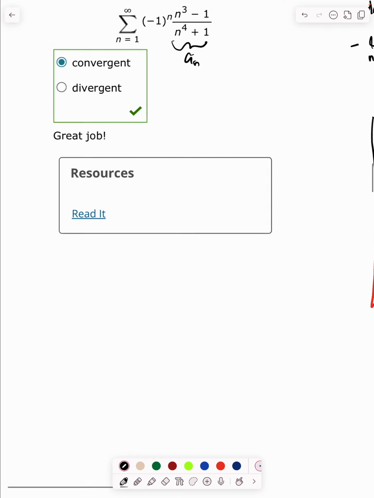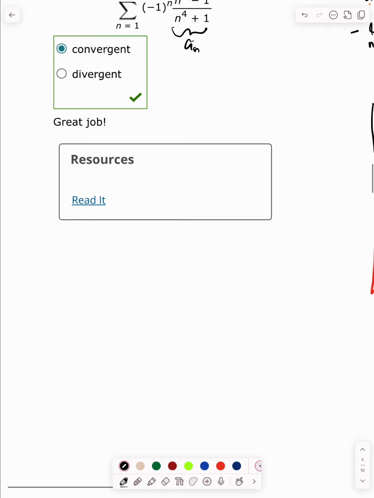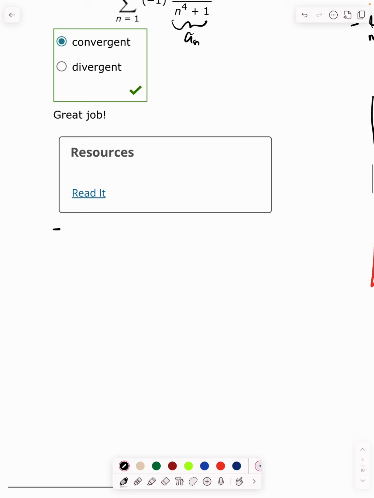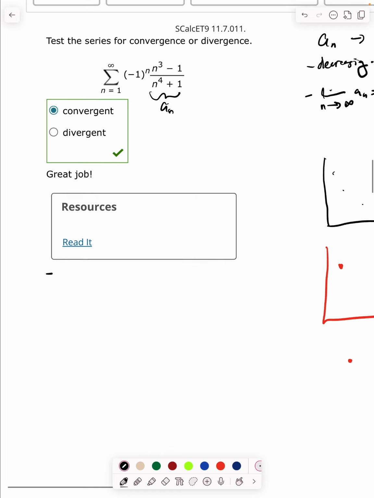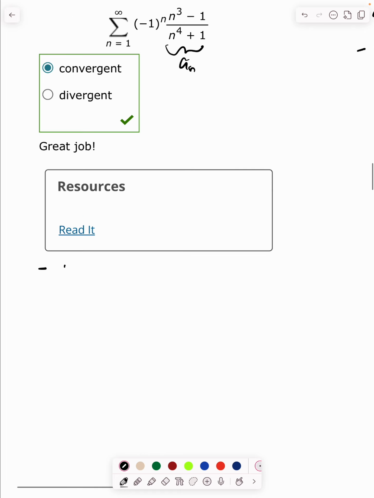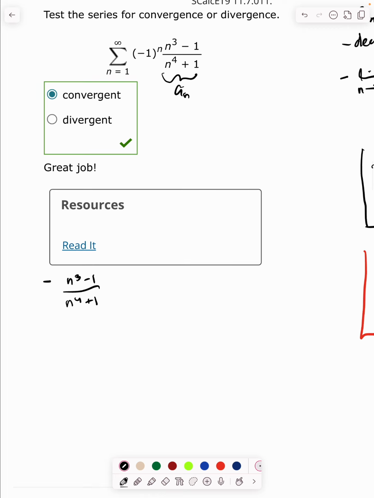Okay, so let's check that these conditions are met. Let's check if it's decreasing first. If you want to show decreasing, there are a few ways to do so. This one's a little hard because it's not exactly obvious what the function looks like.